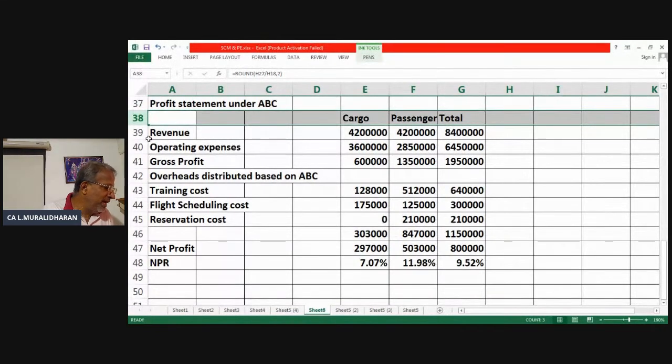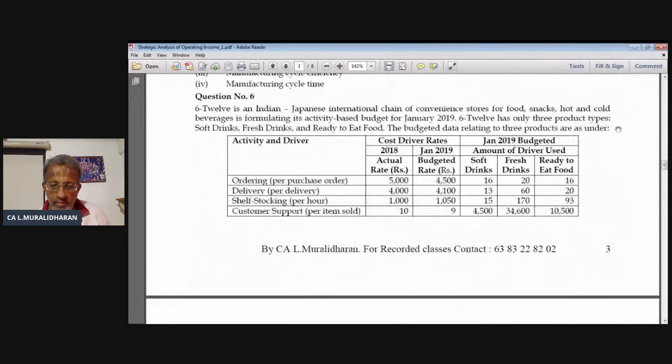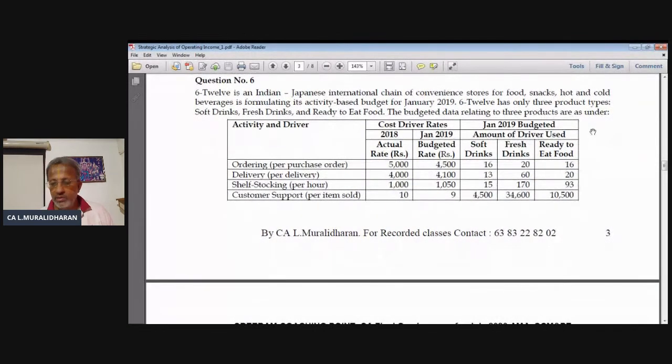We would like to take up problem number 6. These problems might appear in your main examination, so mark them as very important. Just don't simply ignore it. Please give importance to this.